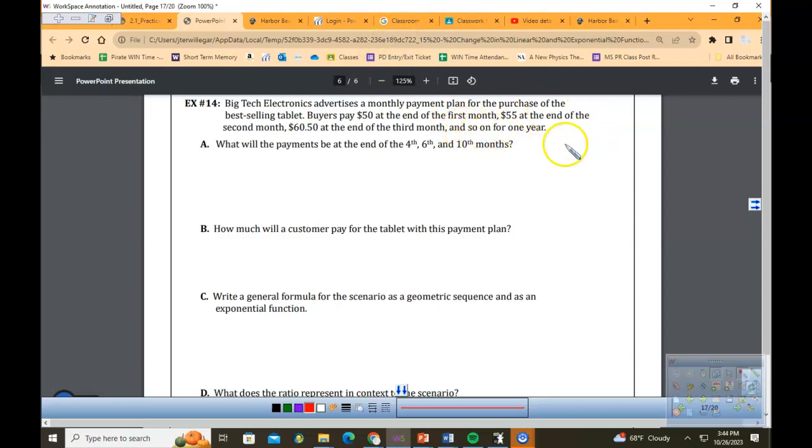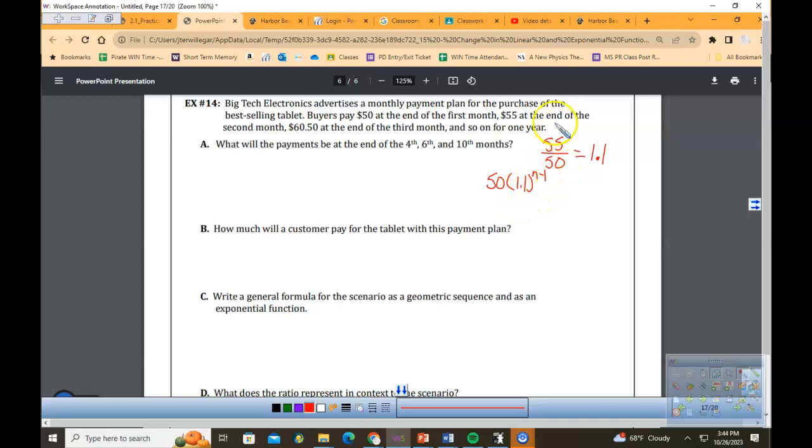So what's my rate? If I do 55 divided by 50, I get 1.1. So the rate it's going up by each time is 1.1. So if I want to do this right, my formula would be 50 times 1.1 to the n minus 1, correct?